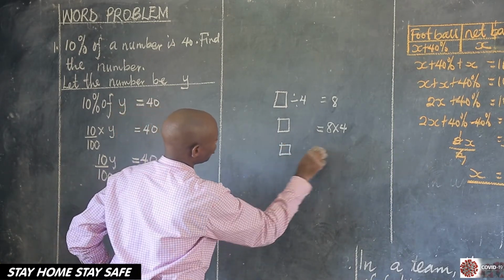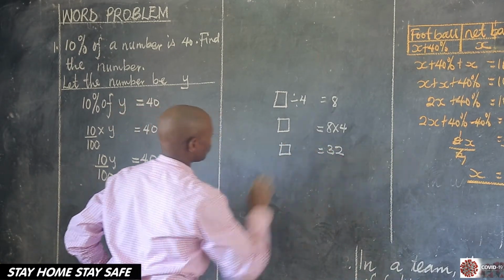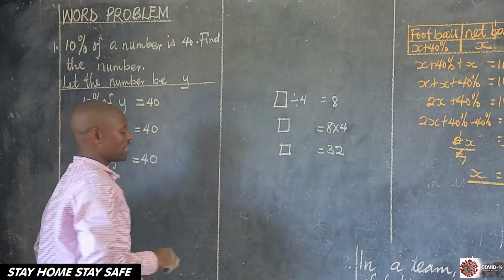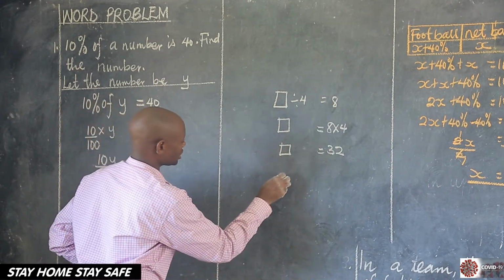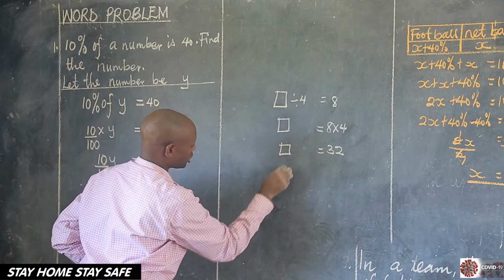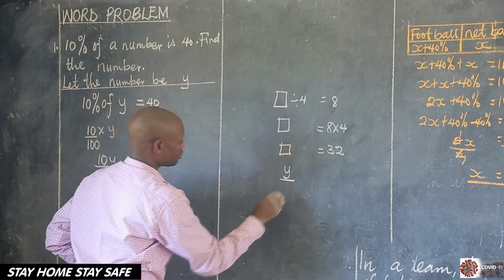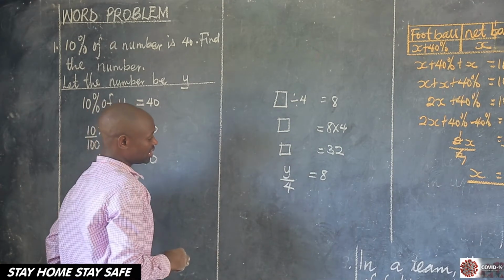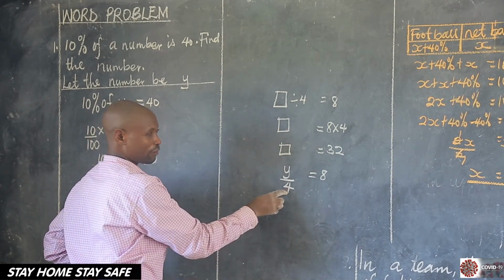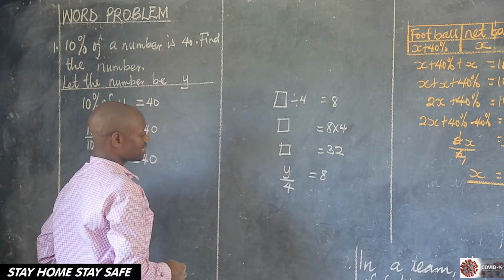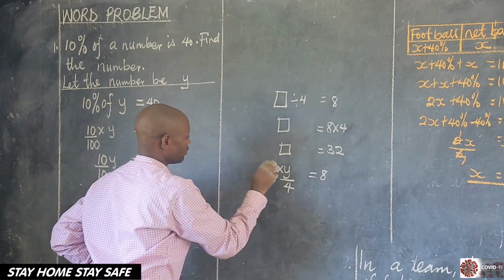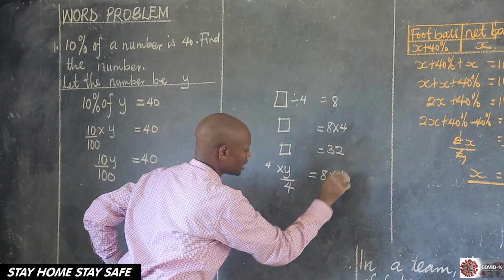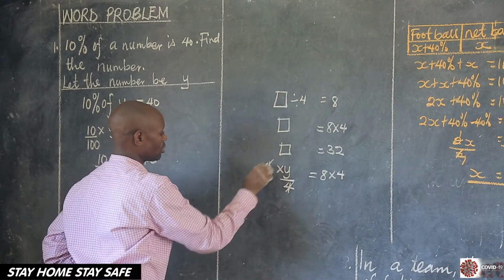So it means a box is equal to 32. When you go to P5, it becomes advanced. Instead of a box, I can say y out of 4 is equal to 8. So what do we do in this case? You eliminate 4 by multiplying on both sides. You say times 4, you also say times 4. Then this one goes.